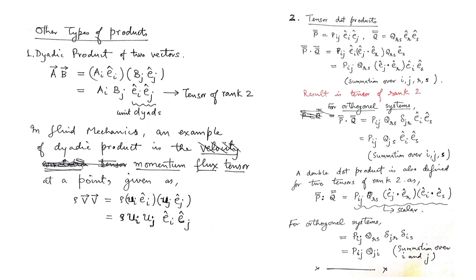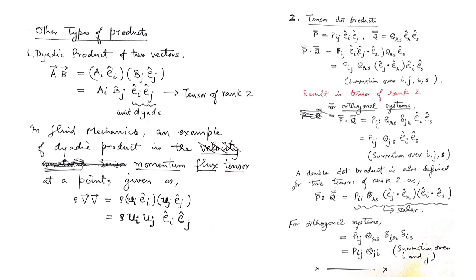Now in fluid mechanics, an example of such a dyadic product is the momentum flux at any point. It behaves as a tensor at a point. This momentum flux is written as a dyadic product of rho v and v. Rho is the density at a point, and v is of course the velocity vector at that point. So the momentum flux is sort of the mass flow rate per unit area.